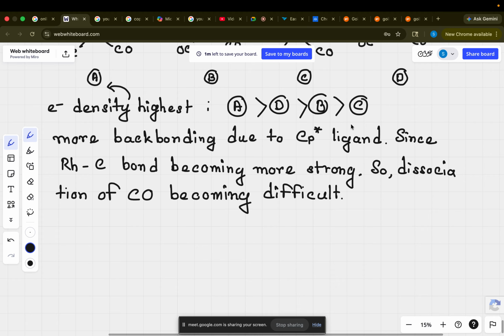That means the reaction rate will follow the opposite order, because more back bonding means a stronger bond, and the CO release will become much more difficult.